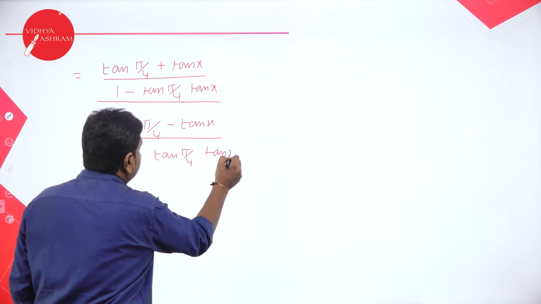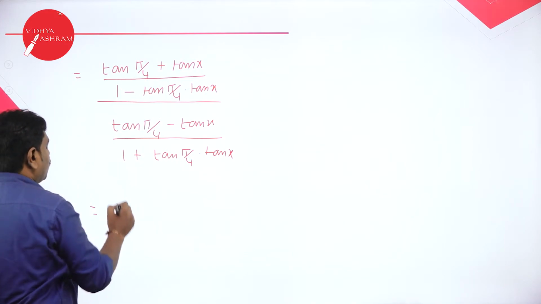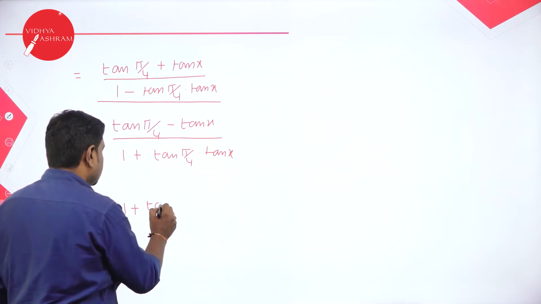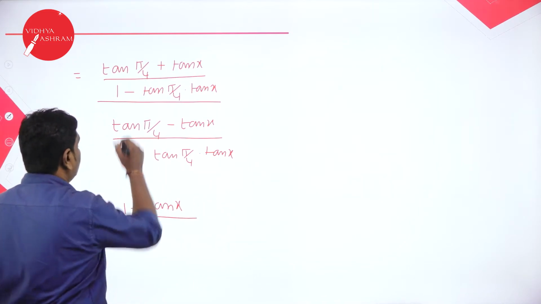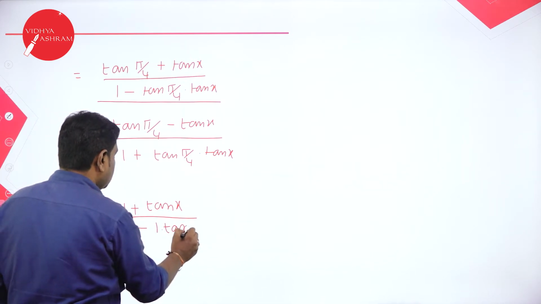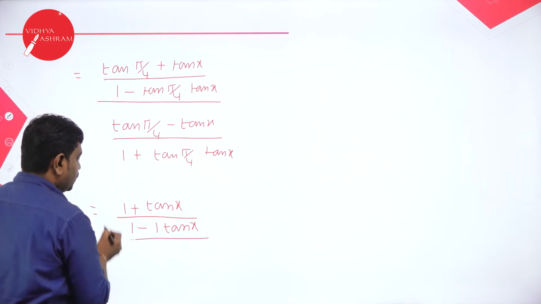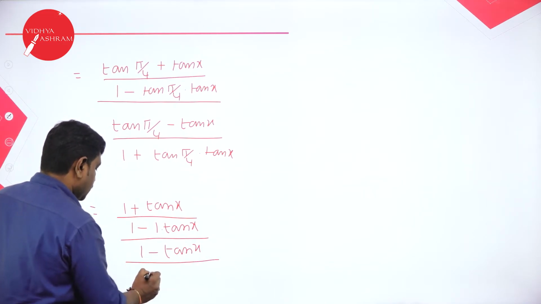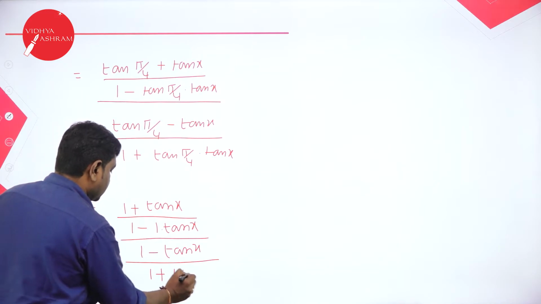So now if you observe, in the numerator tan pi by 4, all of you know, is tan 45, which is 1. So 1 plus tan x divided by 1 minus 1 into tan x, divided by 1 minus tan x by 1 plus 1 into tan x.